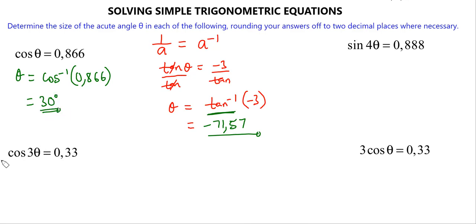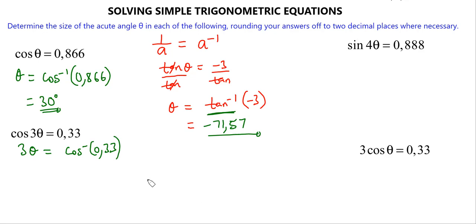What about if we have something like this now? What do we do? Remember, the first thing to do is to get rid of cos. So we're going to be left with 3 theta is equal to arccos of 0.33.